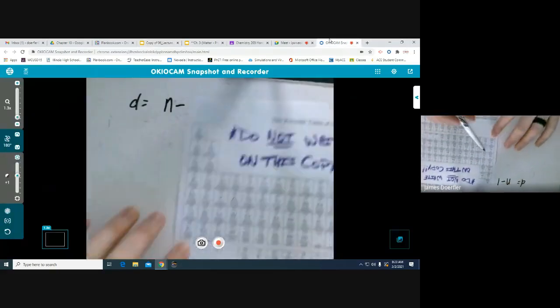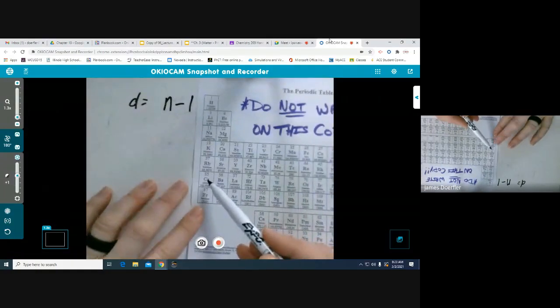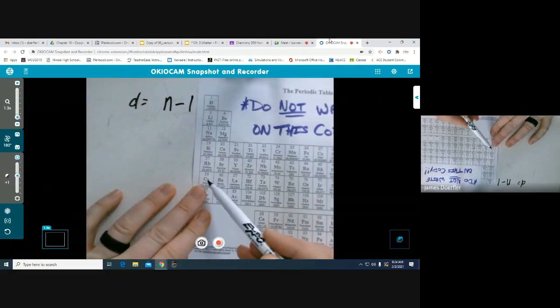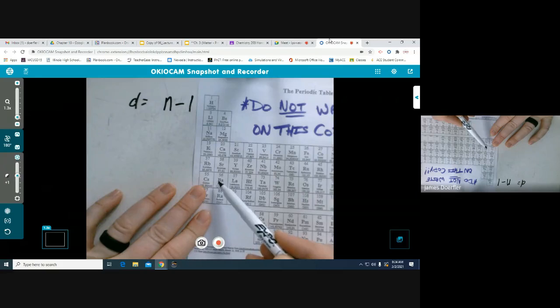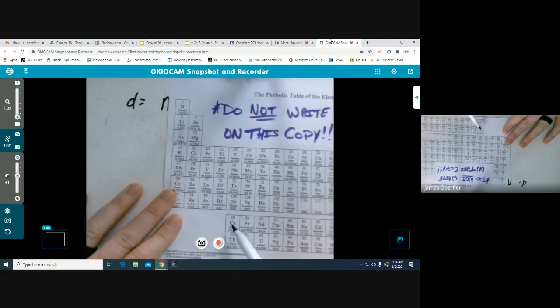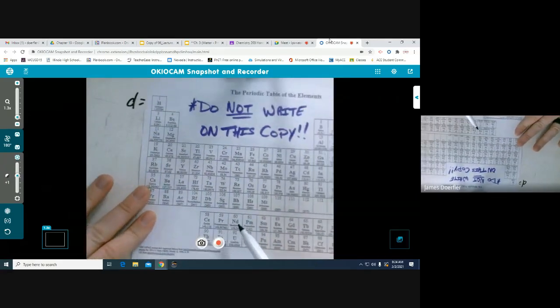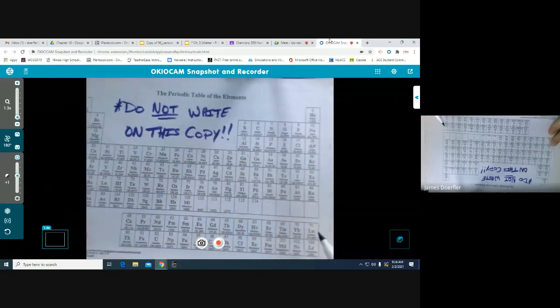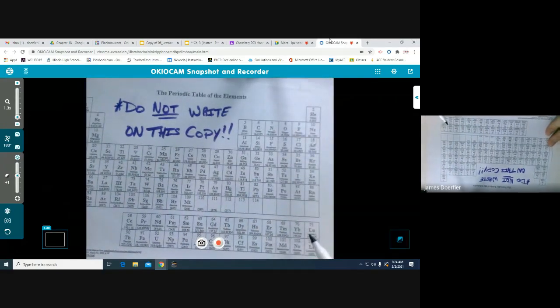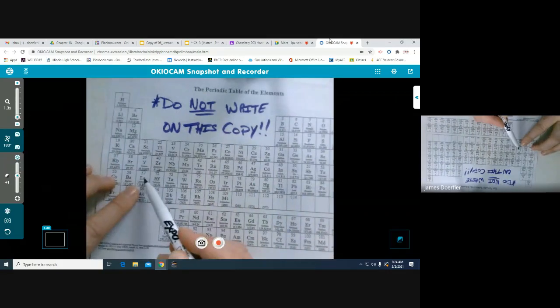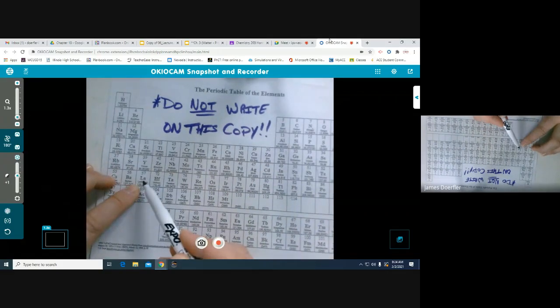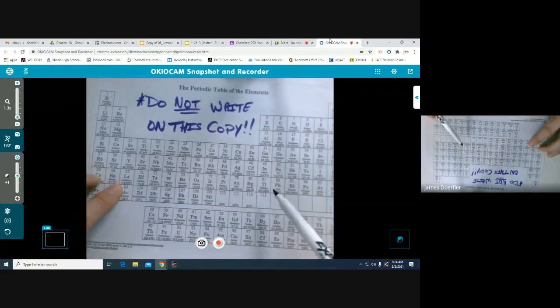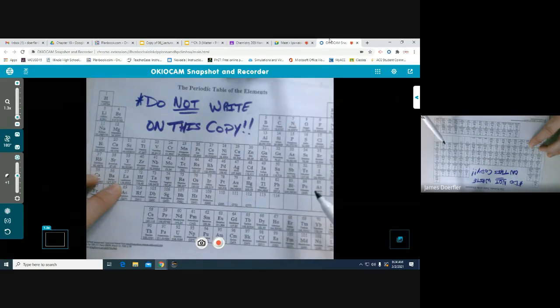So, if we are down here at the 6th energy level, we actually go 6S2, 4F, there's 14 here, and then back to lanthanum of 5D, and then 6P.